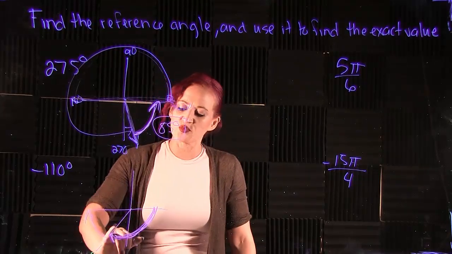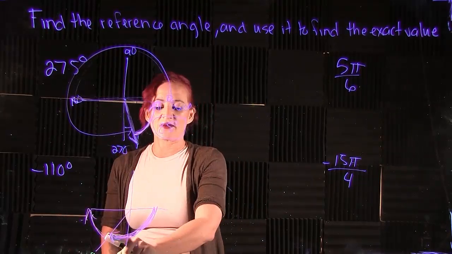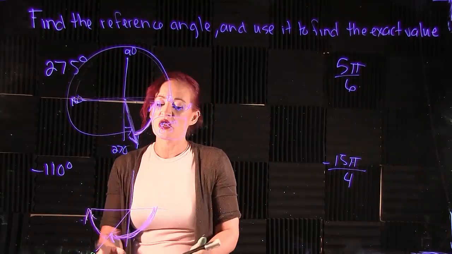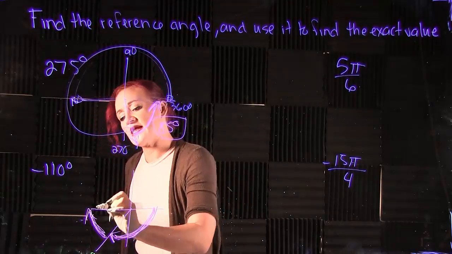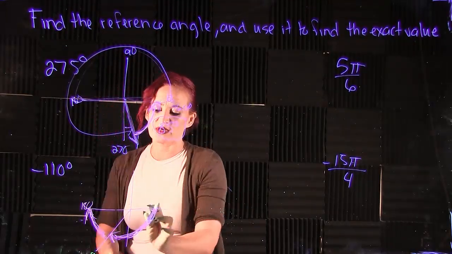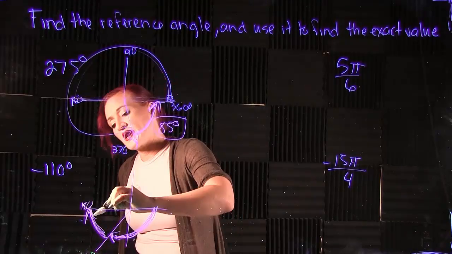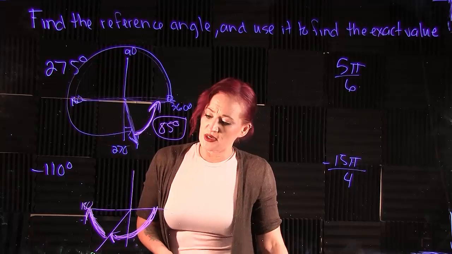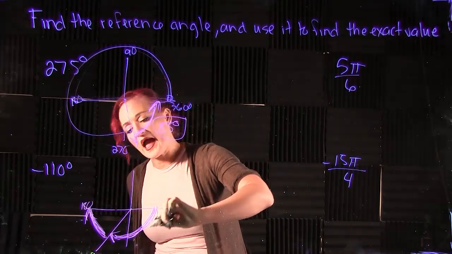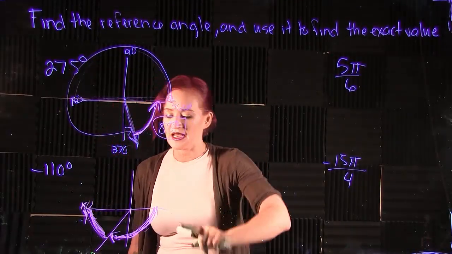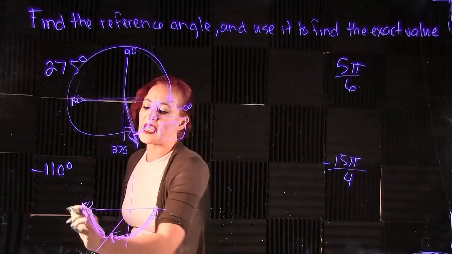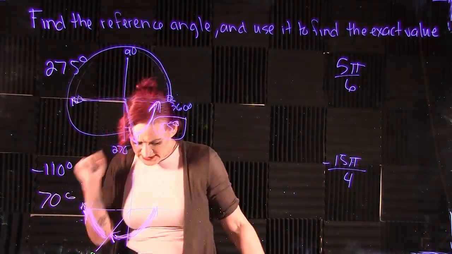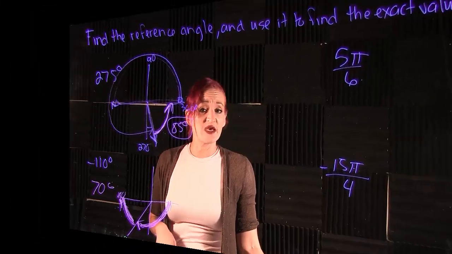Again, it's whichever is shorter, left or right. We could get closer to this 180 degrees up there, so whatever this angle measure is, that's our reference angle. If we know that a full semicircle is 180, but this bit here is 110, that means our reference angle here is going to be 70 degrees.